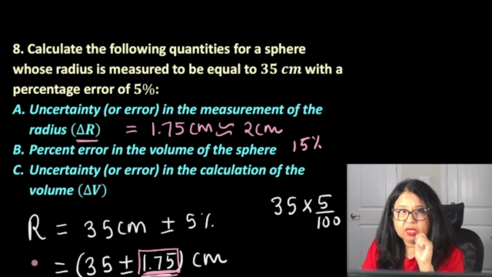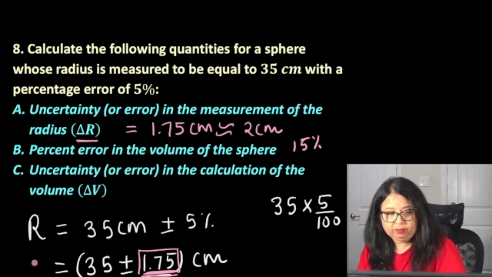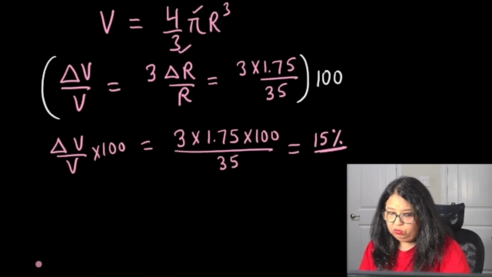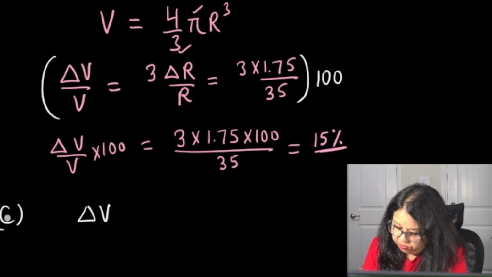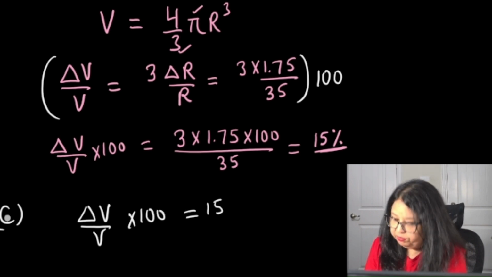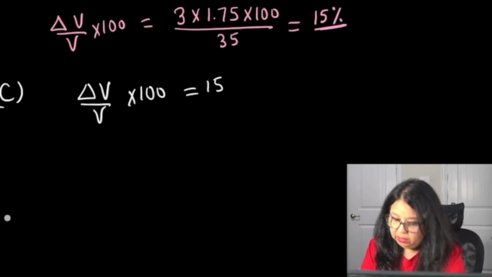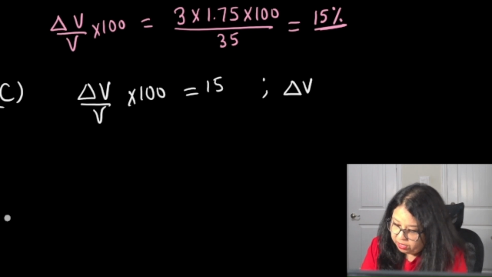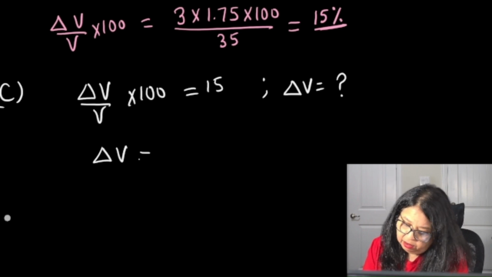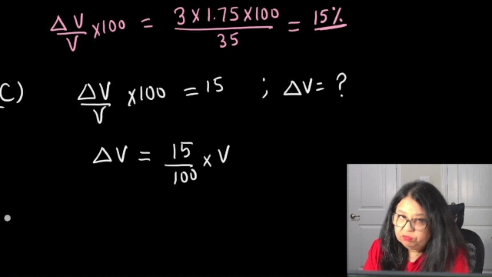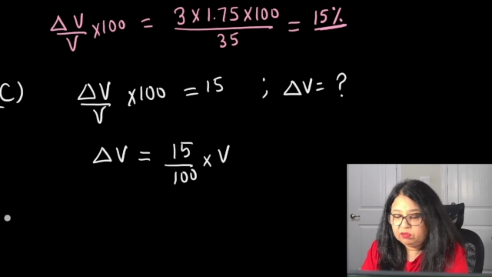Okay, so now we know the percentage error in V is 15%. Next we want to solve for the uncertainty or error in the calculation of the volume V. We know that delta V over V times 100 equals 15. We're going to solve for delta V. Delta V will be equal to 15 divided by 100 times V. You get this much math?